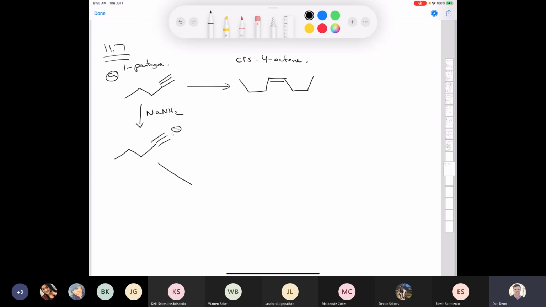If we treat this alkanide ion with propyl iodide, or you could use propyl bromide, propyl chloride, whatever, that's going to do an SN2 reaction where we lose the iodide as the leaving group, and we would end up with this. 1, 2, 3. So we've added the carbons, and then all we have to do is reduce it to the cis alkene. So we're going to use hydrogenation, Lindlar's catalyst.